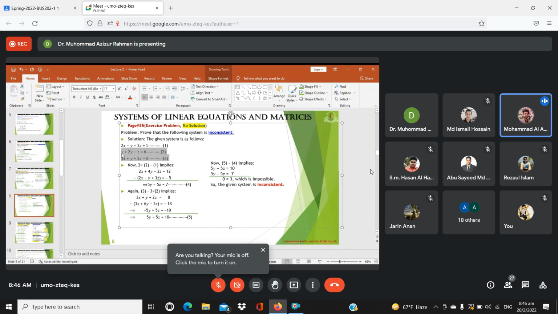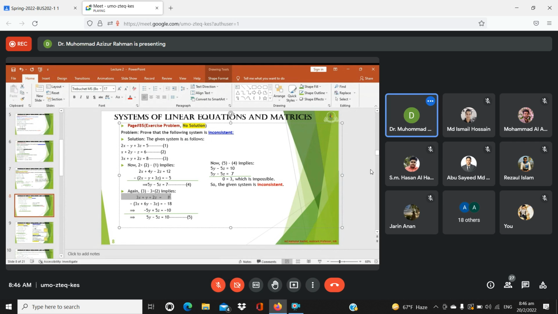Multiply equation 2 with 3. Keep equation 3 as it is, and here we multiply equation 2 with 3. That means 3x plus 6y minus 3z equals 18.